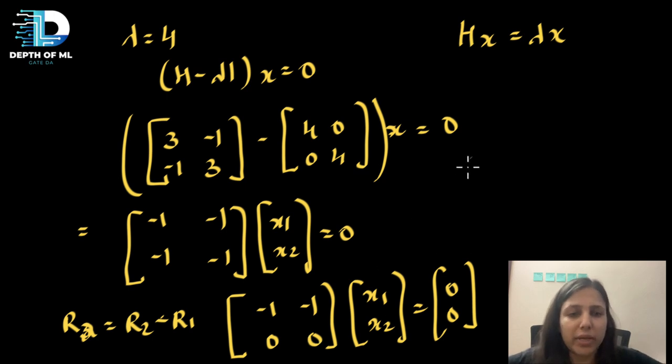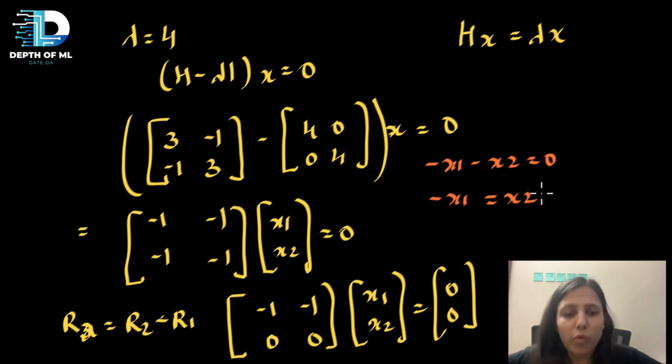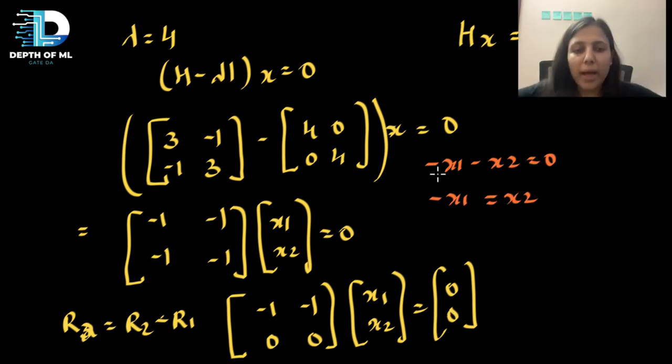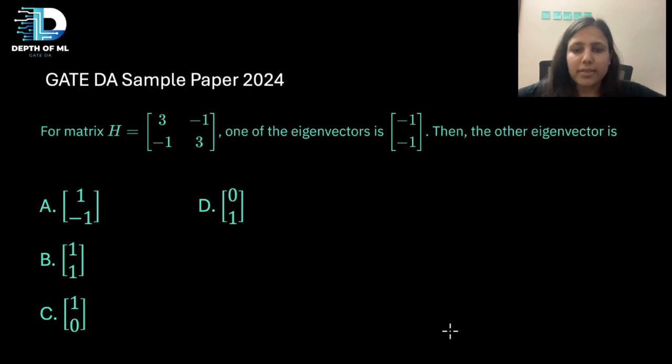So the equation that we are getting from here is -x1 - x2 = 0, or -x1 = x2. Whatever vector satisfies this equation will be our eigenvector, right? Now we have to go back and look at the options. So these are the options.